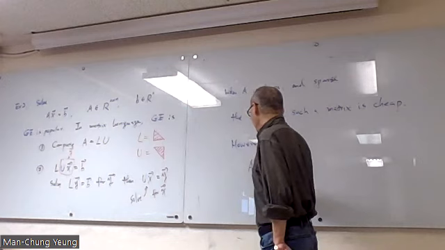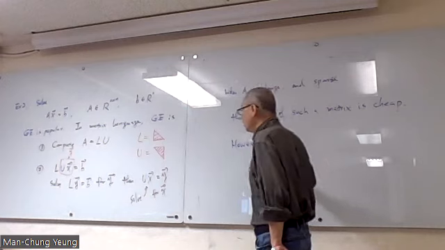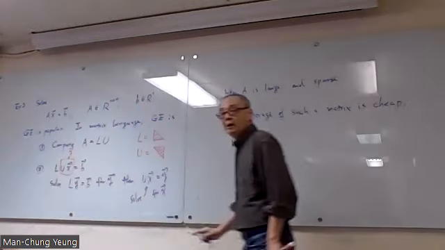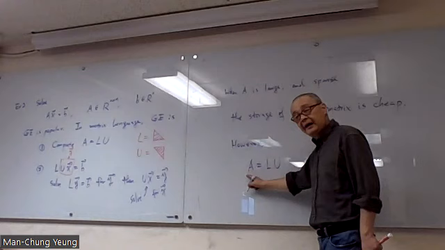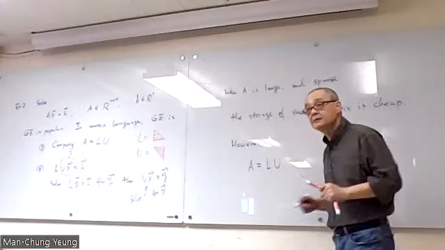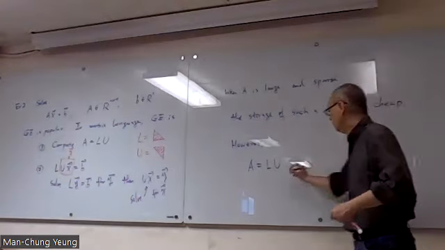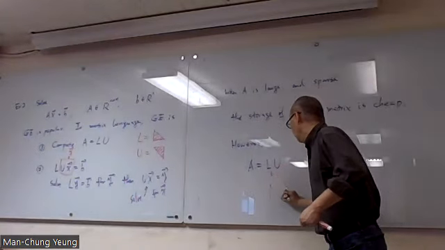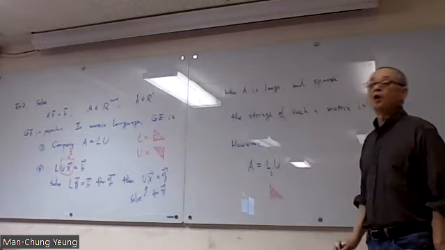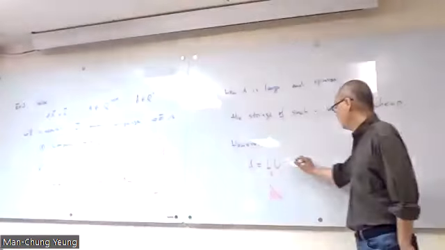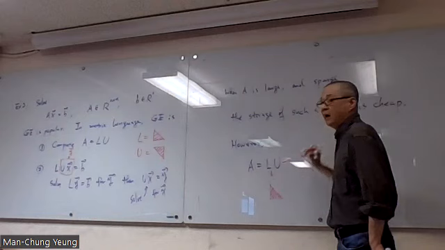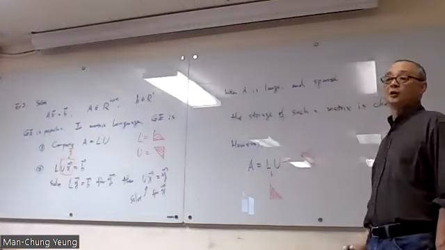However, when you compute LU factorization, even though matrix A is sparse, L and U are dense. Most of the entries of L and of U, the upper triangle, are non-zero.